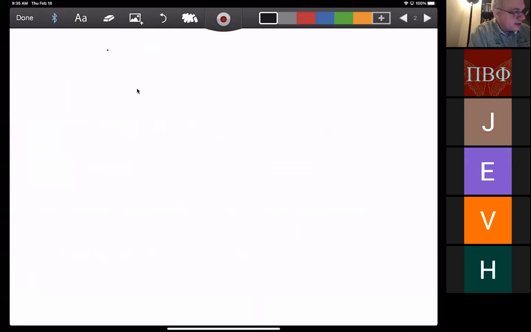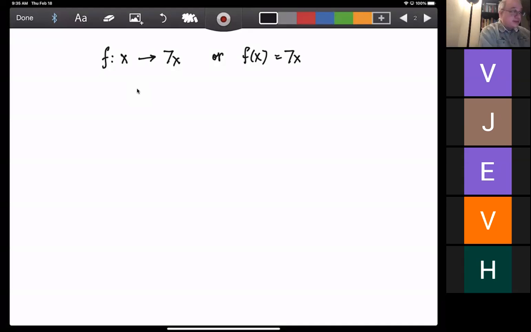So these are two notations for defining functions. You might see the first one in some contexts. The second one is probably what you're used to from calculus classes.